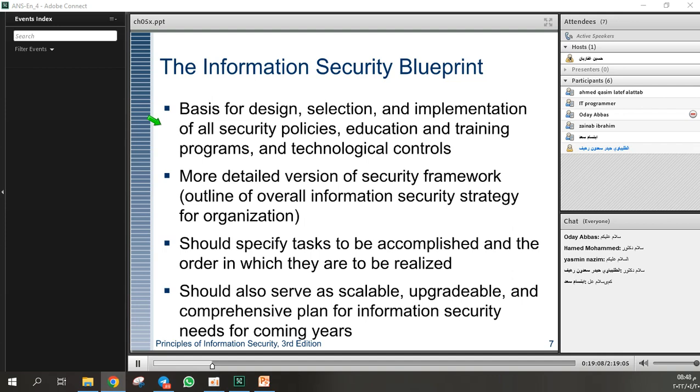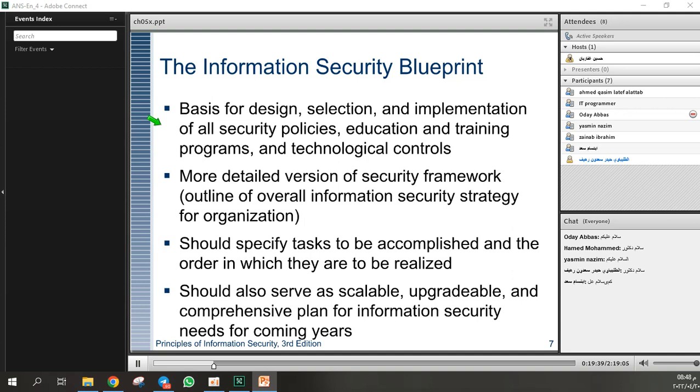If we do this, now we can prepare an information security blueprint for our organization. What is an information security blueprint? An information security blueprint is a top-level roadmap document in information security. Why?